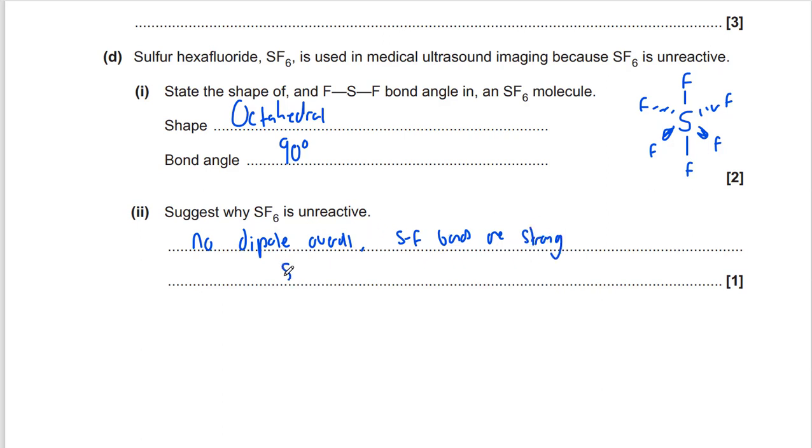And you can also say that SF6 has no lone pairs of electrons, which would make it easier to react. If it had a lone pair, a lot of atoms will react in mechanisms using lone pairs of electrons. So any one of those 3 answers is enough to get you the mark.